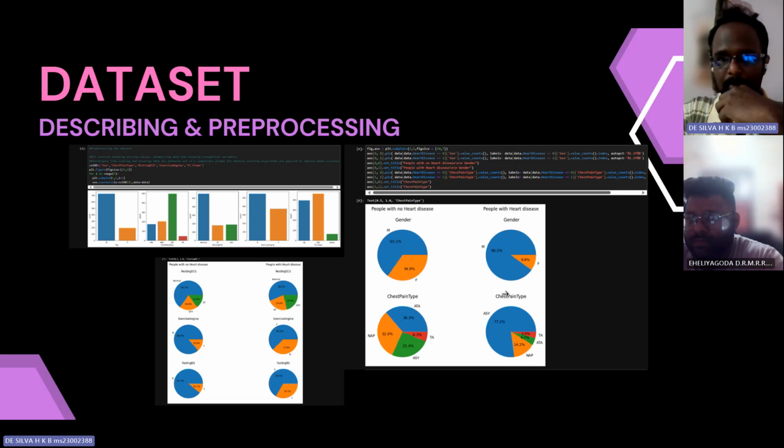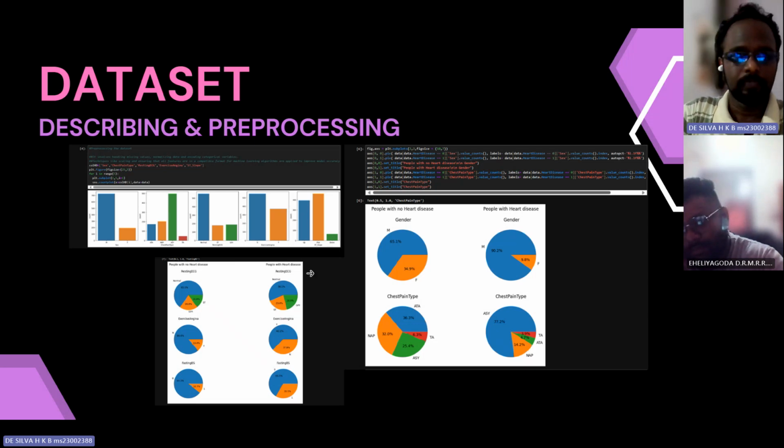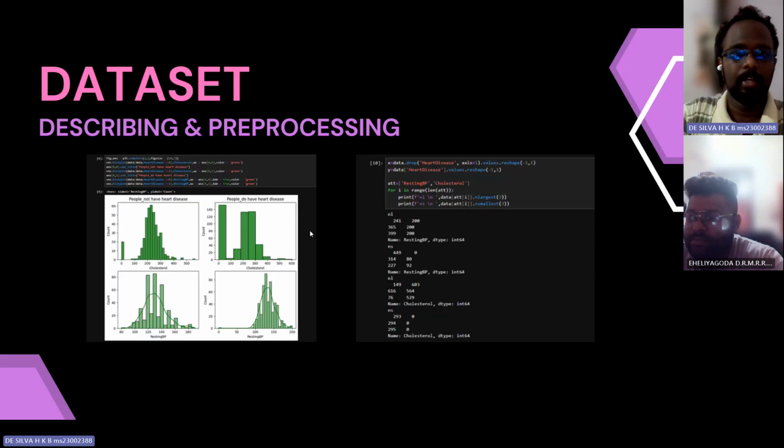So it's a comparison between these two, and these pie charts and bar charts show the same representations. We included those in our report.